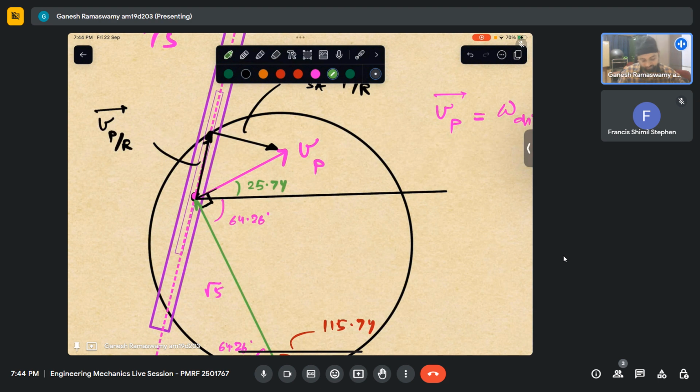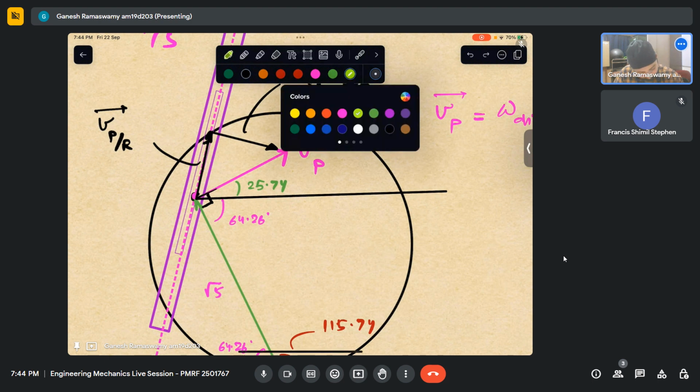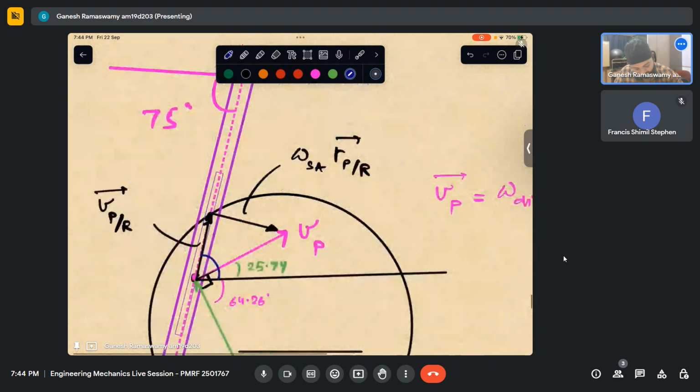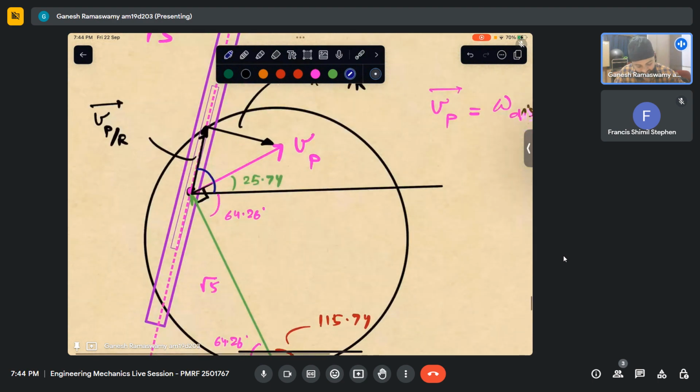This angle will be 90 minus that, so this is 25.74. Very well. Now in the question, I have been given that this angle, which is same as this, is 75 degrees.